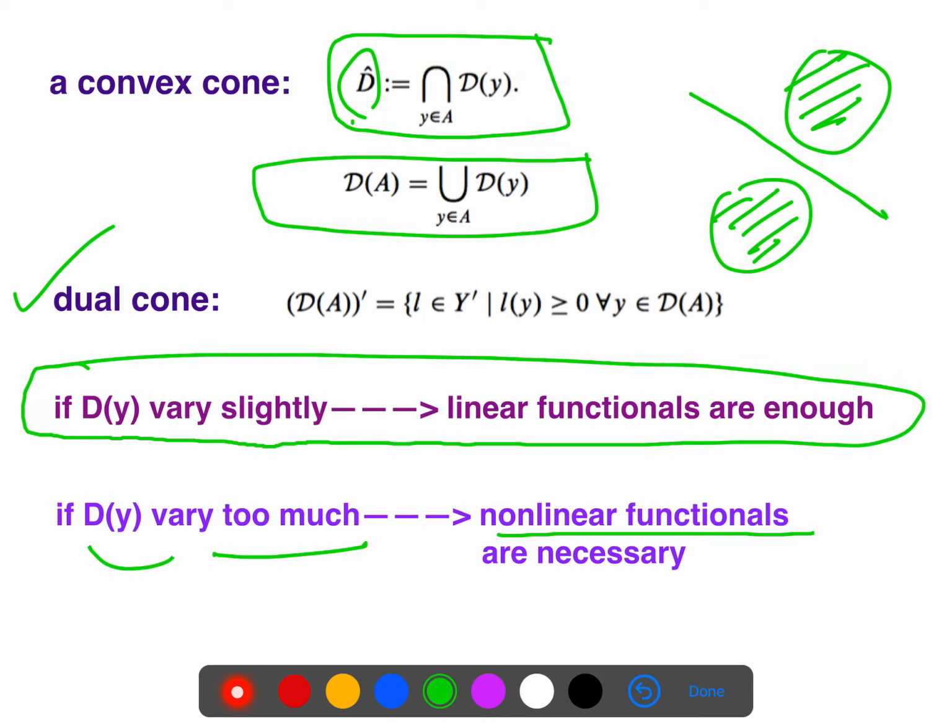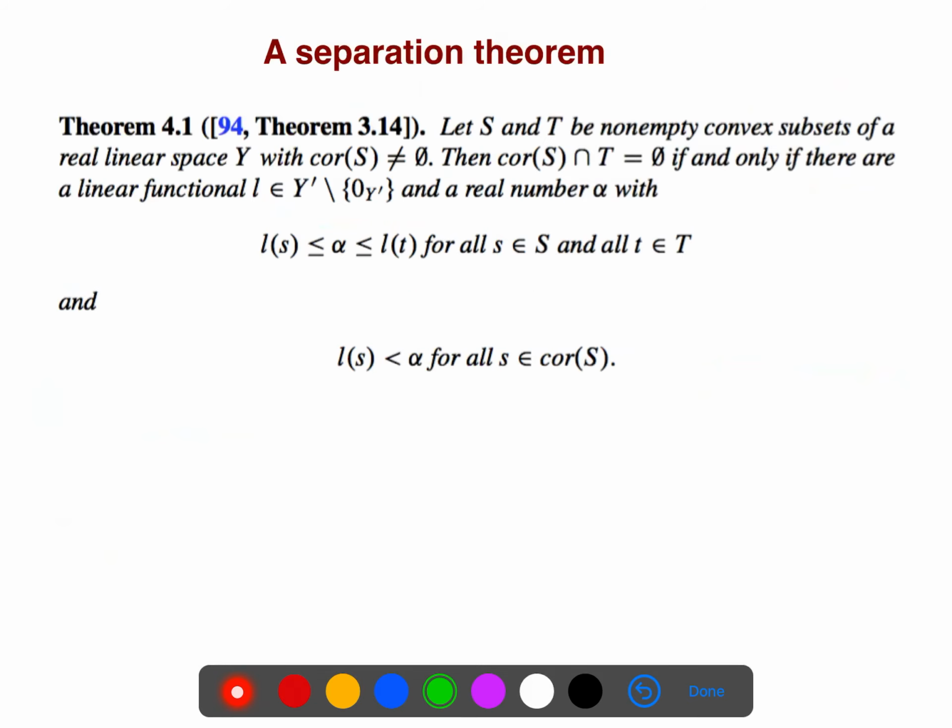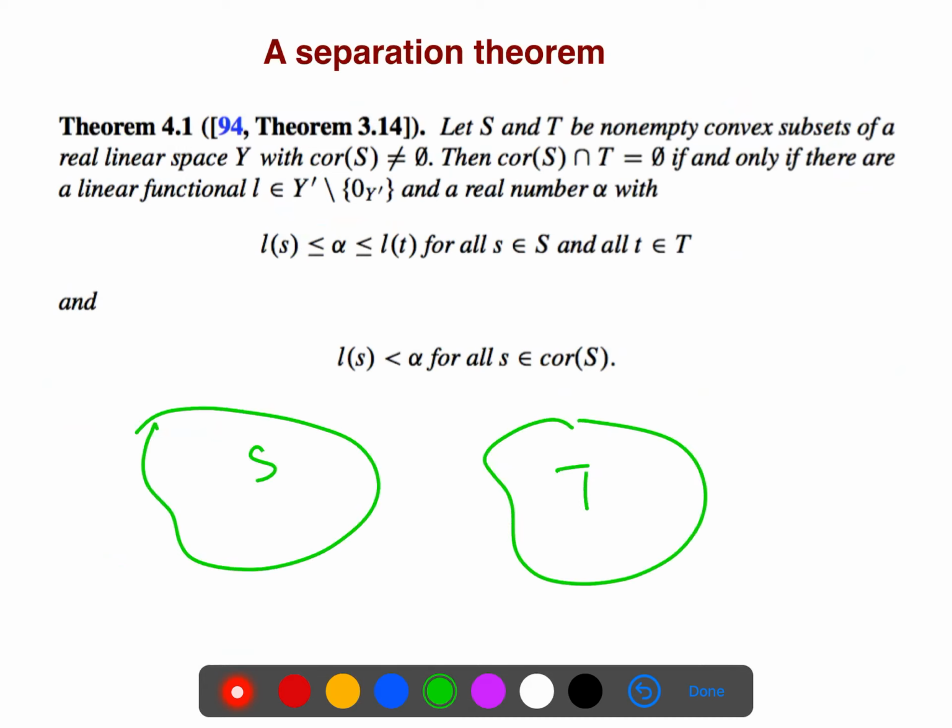In this lecture, I only introduce one or two of those nonlinear functionals. In the next lectures, I also talk about different nonlinear functionals as well. So if you have two sets, S and T, that are both convex, you can find a linear functional that separates them.